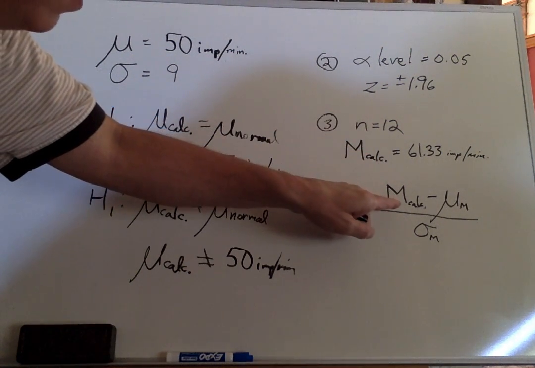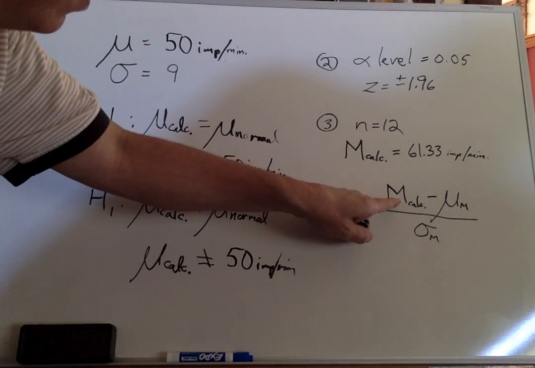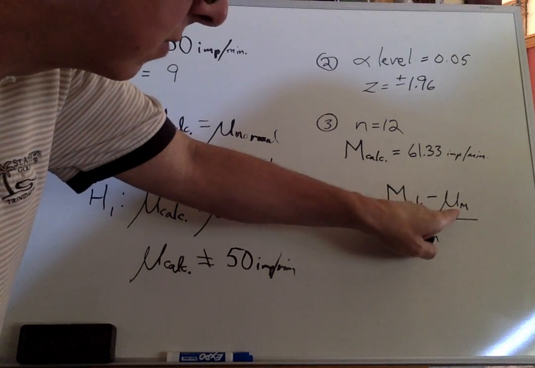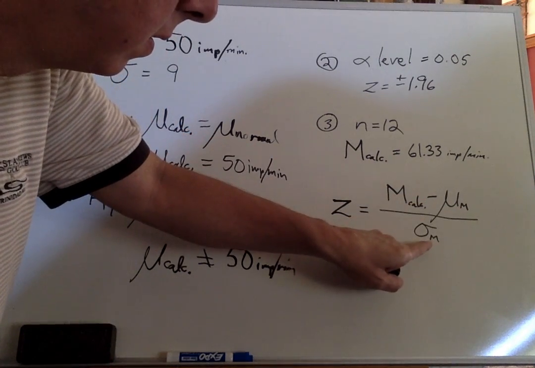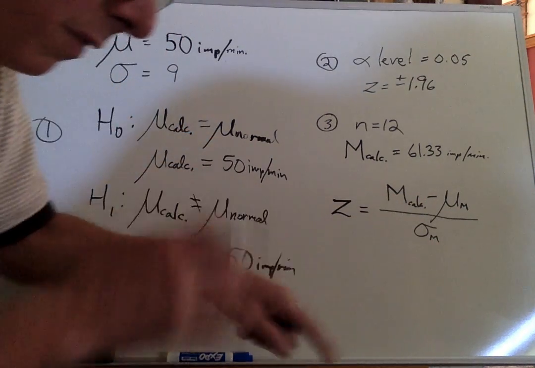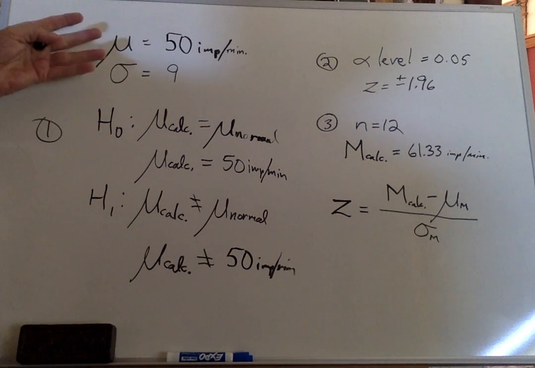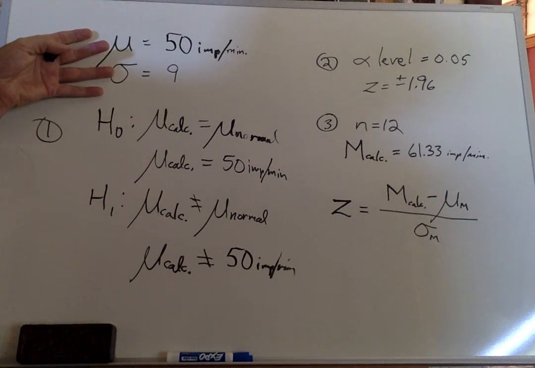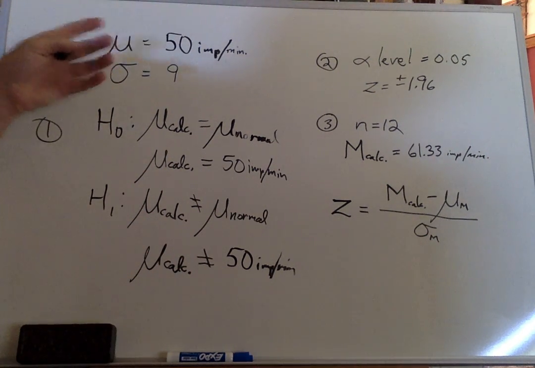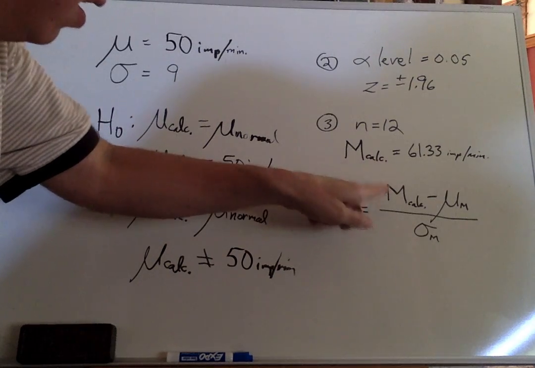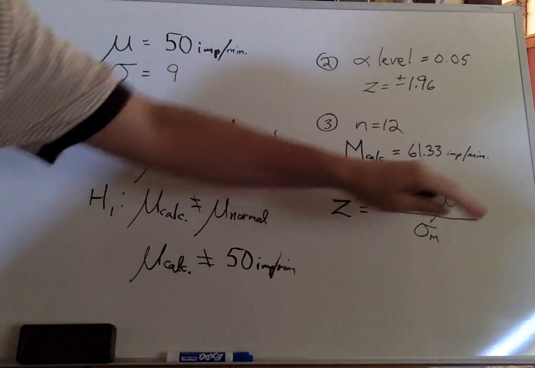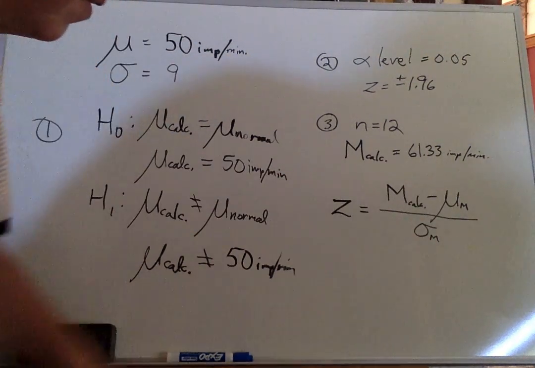So I want to compare a sample of 12 to all the samples of 12, divided by the standard deviation of all the samples of 12 of these neurons. Okay, everybody with me? The question is, does this look like it comes from here? So we're going to use those parameters.